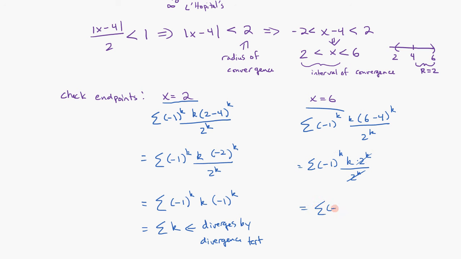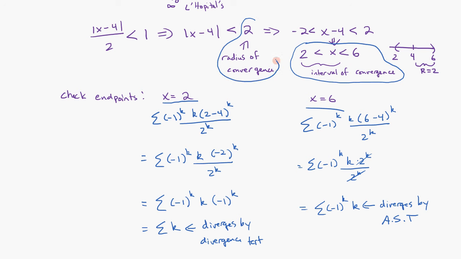Just the series sum of (minus 1) to the k times k. But if you check the alternating series test, you'll see that this series also diverges. So it diverges at both the endpoints, so this really is the interval of convergence. And the radius of convergence is equal to 2.